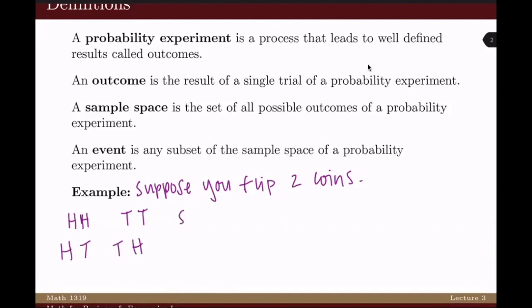So that means our sample space is the set of all possible outcomes, right? So that gives us 2 heads, 2 tails, heads, tails, or tails, heads.